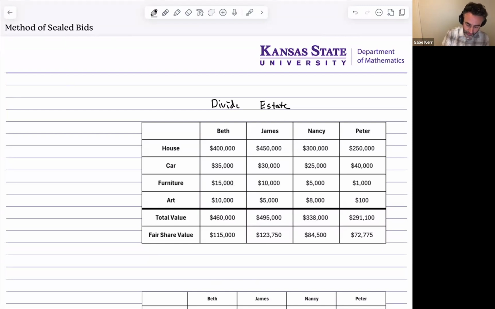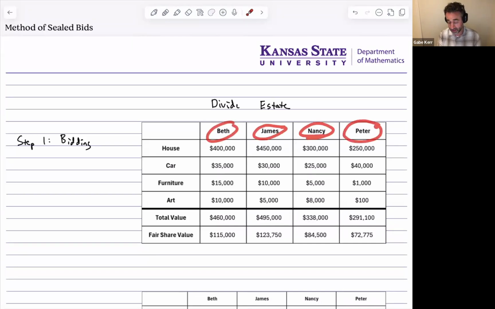All right, so the first step in the method of sealed bids is called bidding. Basically, we have a bunch of individuals, players, that in this case are Beth, James, Nancy, and Peter. And then we have some assets that need to be divided up amongst them. Each individual, let's take Beth, for example, is going to make a bid on what she thinks the various assets are worth.